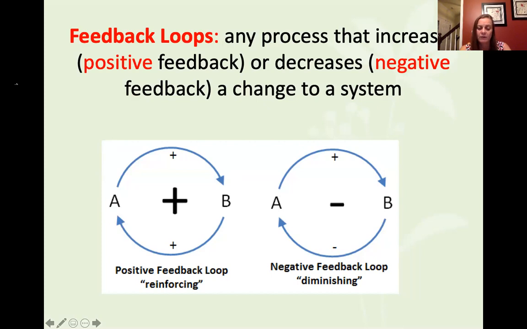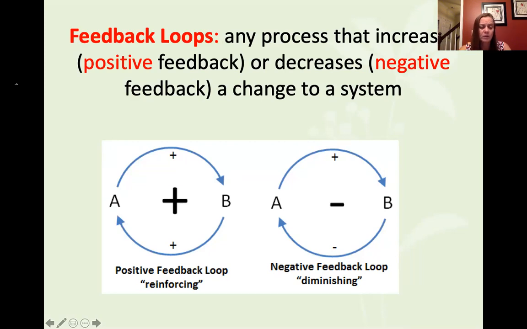A positive feedback loop would be one where the inputs or the changes are always going to reinforce it and cause what you might normally consider a snowball effect, or what we would call a vicious cycle. So a positive feedback loop is not necessarily a good thing.